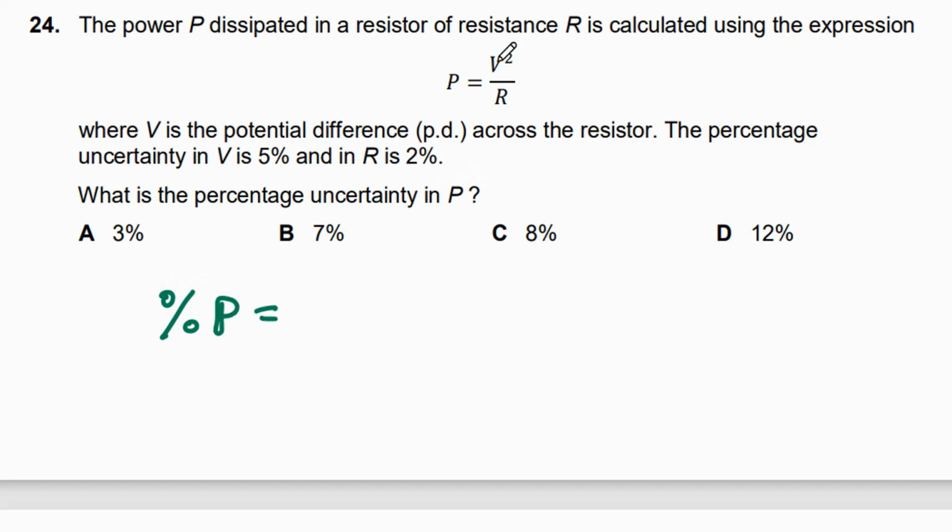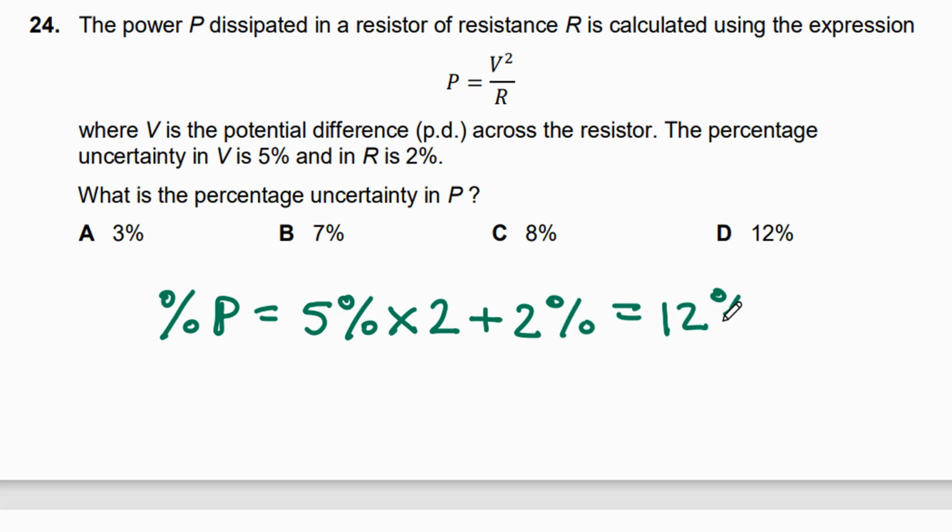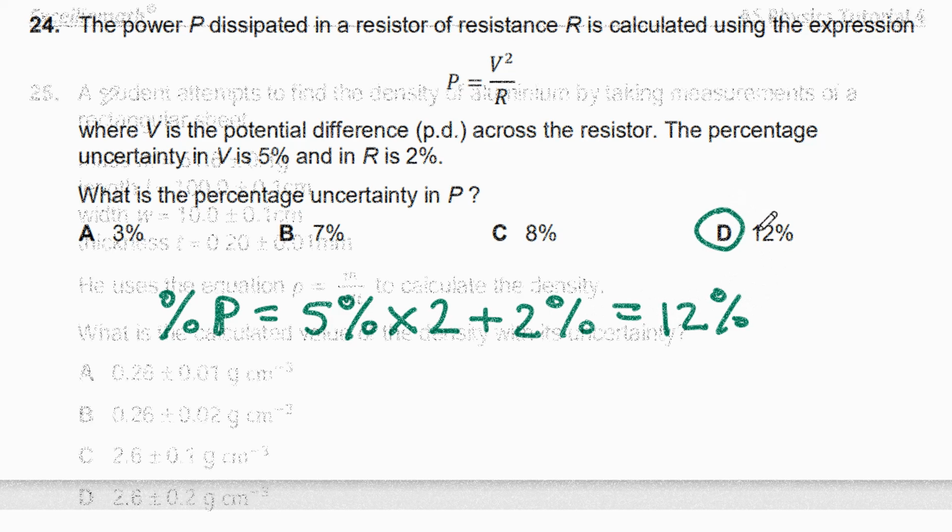So here we are dividing two quantities, so we know that we must add their uncertainties or their percentage uncertainties. So V is 5%. However, we are raising V to the power 2, and that means we must multiply its percentage uncertainty by 2, so by the power. And we add to that the percentage uncertainty in R. And of course this comes to 12%, so D.